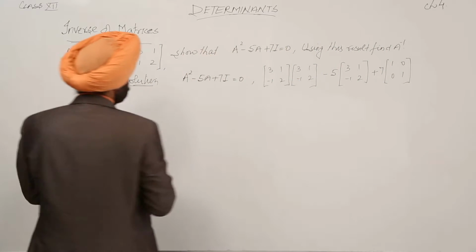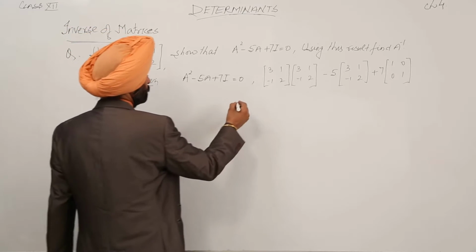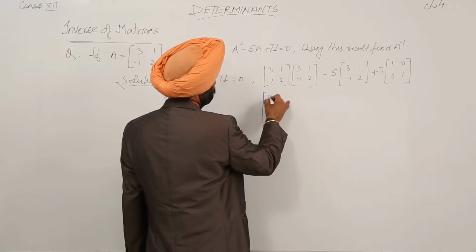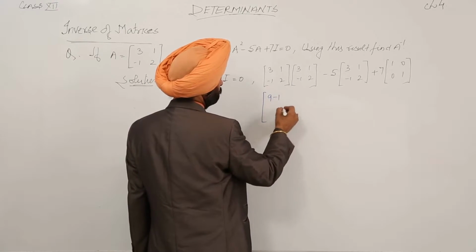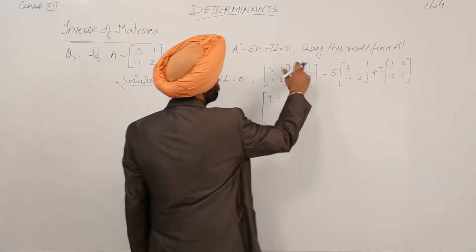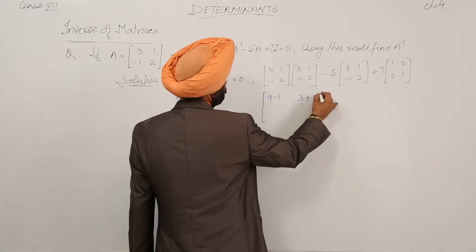Now let's solve it. First of all, let's find the square. 3 times 3 is 9, minus 1, that is 8. 3 times 1 is 3, plus 2 is 5.